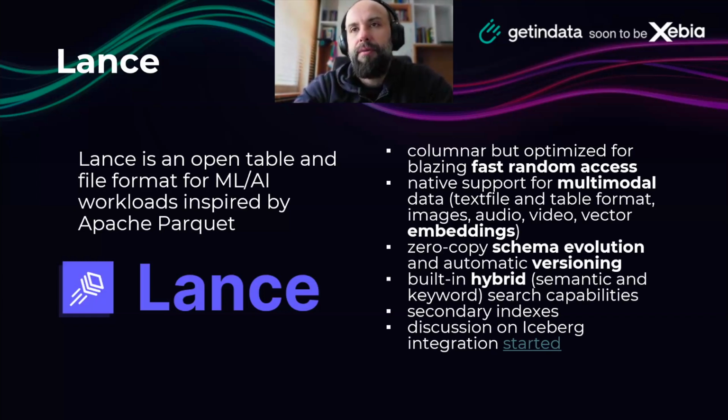It also supports zero-copy schema evolution and partitioning, and it's capable of exposing APIs for hybrid, so semantic and keyword search. So this is why Lance became the default format for LanceDB, a vector system that is very popular among open source AI initiatives.